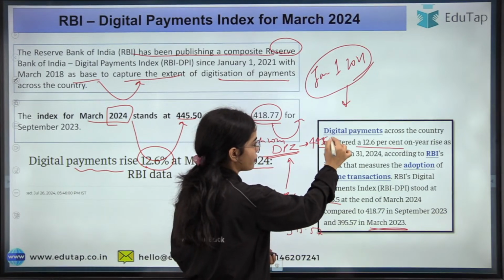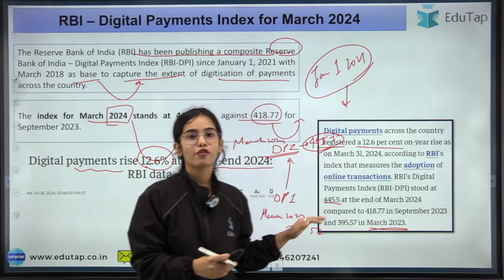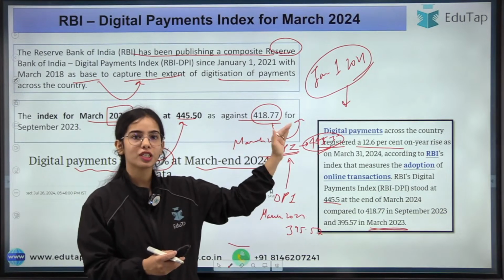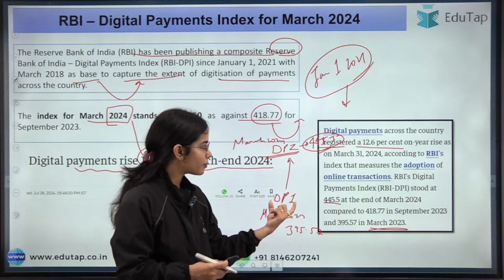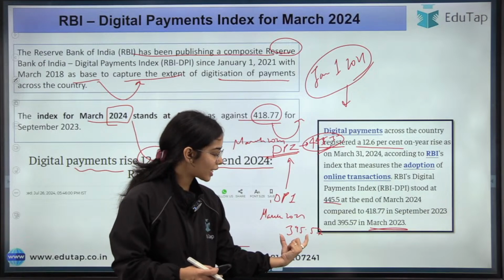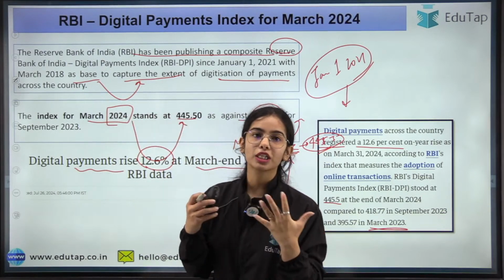So from March 2023 to March 2024, the DPI value has increased from 395 to 445, a growth of 12.6 percent. This is the basic idea about the digital payment index.